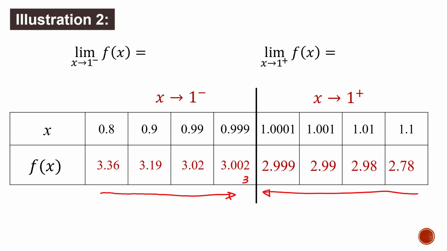And then from the right side, if you look at this, 2.78, 2.98, this is increasing, and it's consistently increasing. If x equals 1.0001, the equivalent value is 2.999 with respect to f of x. I think that's also getting closer and closer to 3.